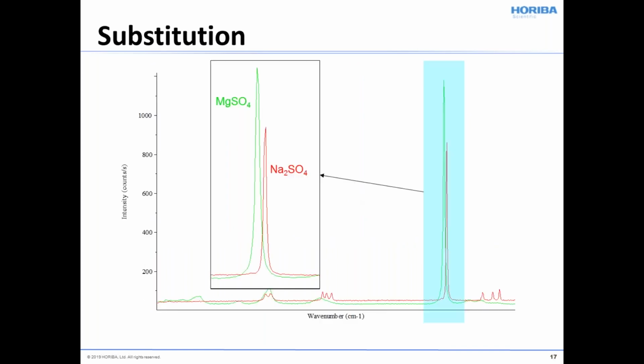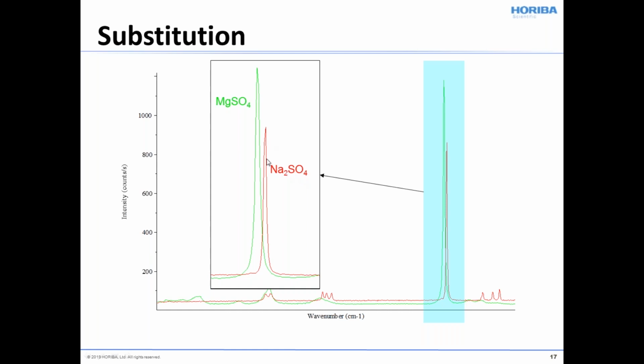Now, we've been talking about some organics. Here's one example of an inorganic compound, or two compounds very similar to each other. They're both sulfate salts. One is magnesium sulfate, one is sodium sulfate. And the band that we've blown up here is basically the symmetric stretch of the sulfate group.